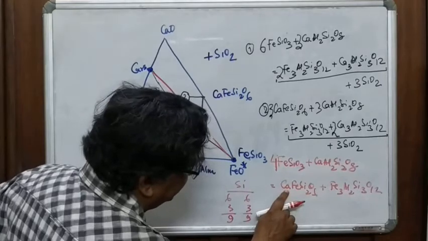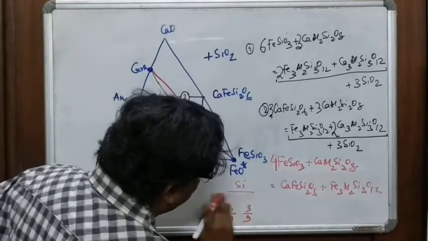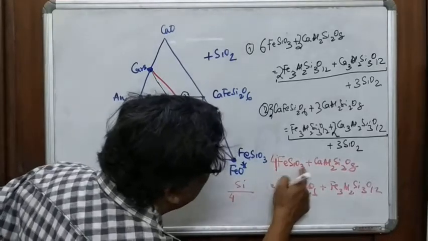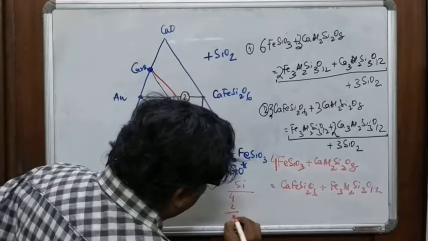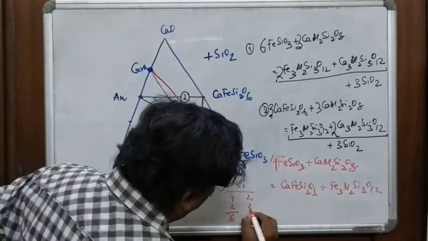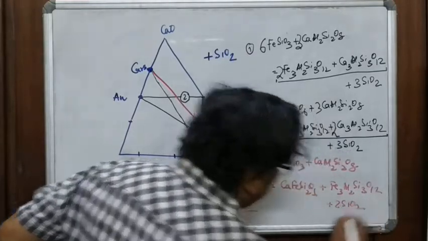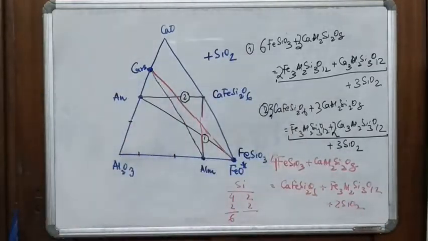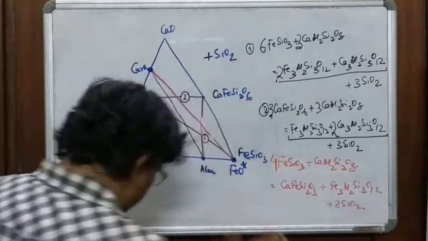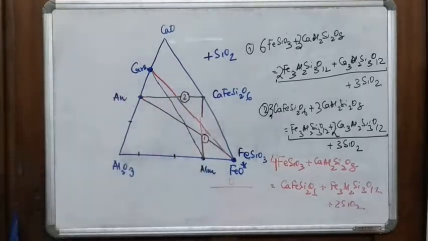Calcium is 1 here. Aluminium is 2 here. So if I look at silicon now, silicon will be 4 plus 2, 6. And here it will be 2 plus 2, 4. So you will have plus 2 SiO2. That should be the reaction, in which case oxygen should balance on either side.